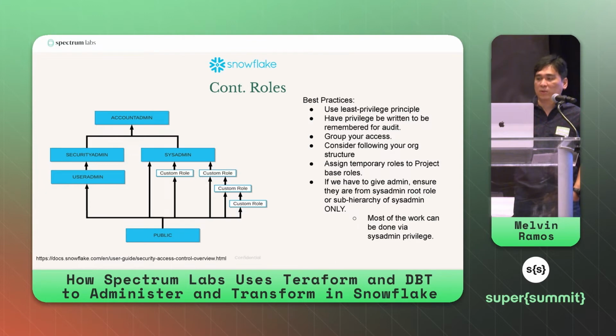Your role is going to be your group, and if you're mapping into your company structure, it will be easier to assign, because when somebody joins that team, you can give them that group access, and it's already provided automatically for them. Temporary roles are good for your project-based types of roles, and obviously the next part is really to ensure that most of the roles that you will create will be under sysadmin.